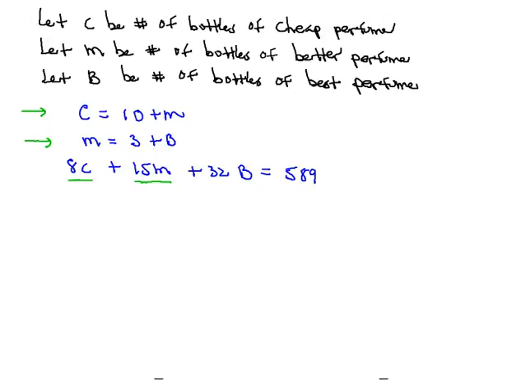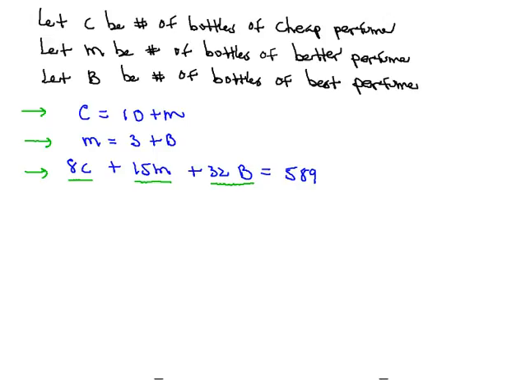And each bottle of the best perfume costs $32, so 32 times B then would be the total value of the best perfume. So altogether then, that will equal $589. Now as you look at the system of equations, I'm hopeful that you're seeing that substitution probably will be the best way to go here.